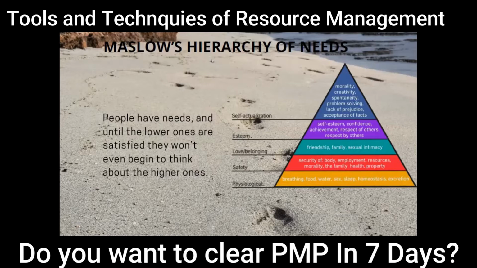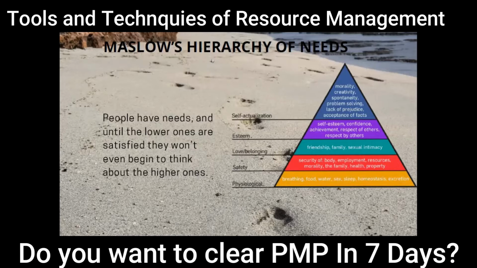So he made a pyramid of needs. The lower needs must be satisfied. Means if you cannot breathe, you will not think about where I'm going to live, who is loving me. No, first you need to breathe.